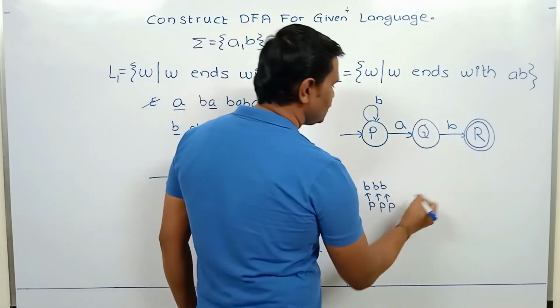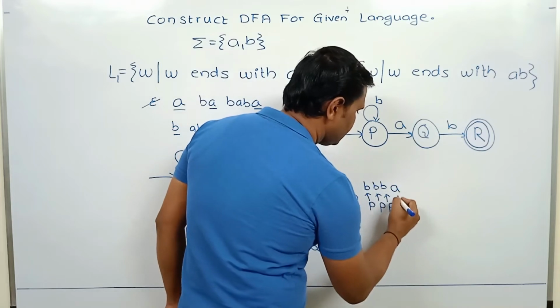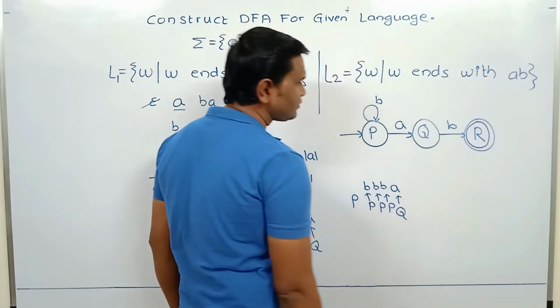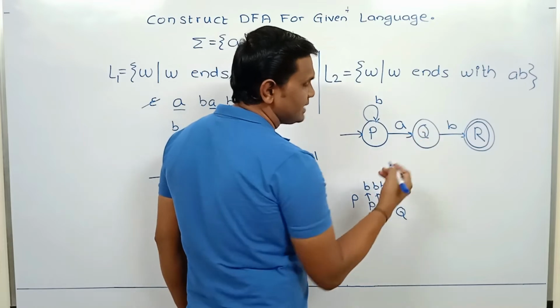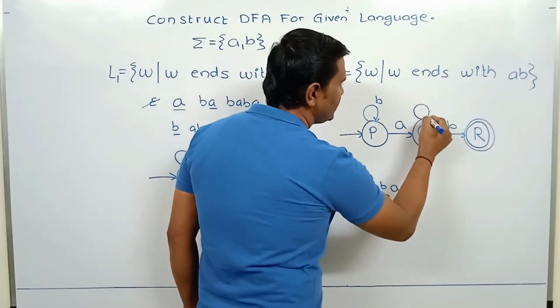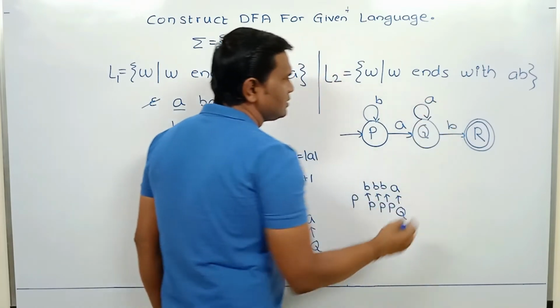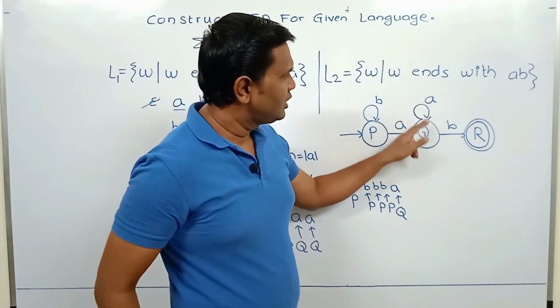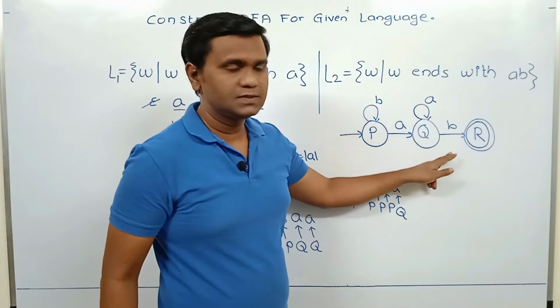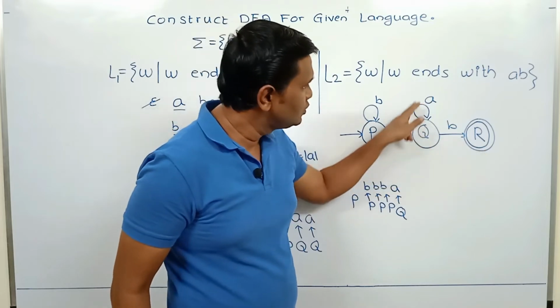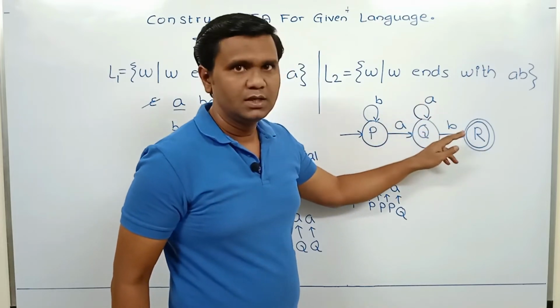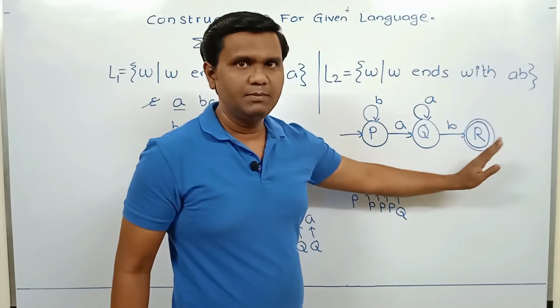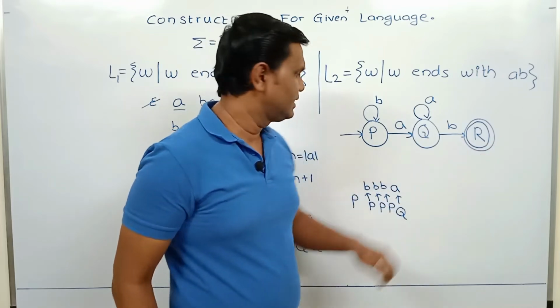Now when A comes, we go to state Q. As long as A's are coming, we remain in state Q itself. And if B comes, we go to state R, because using this A and this B, the string may end with AB and you must be in final state.